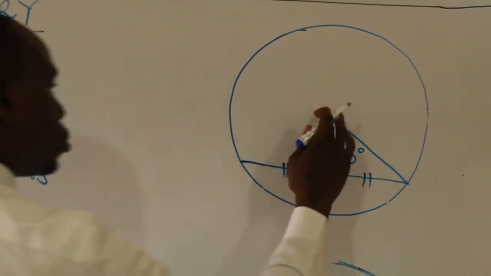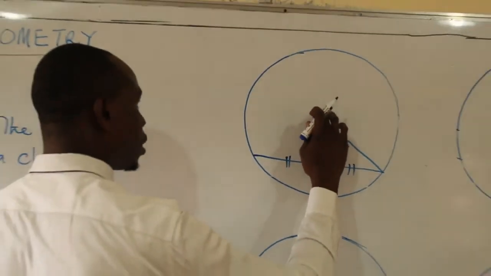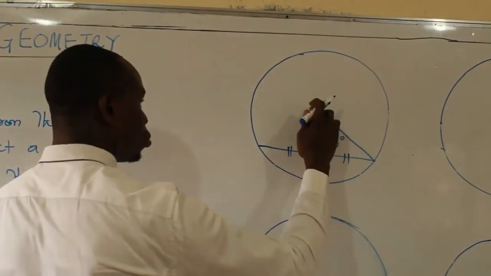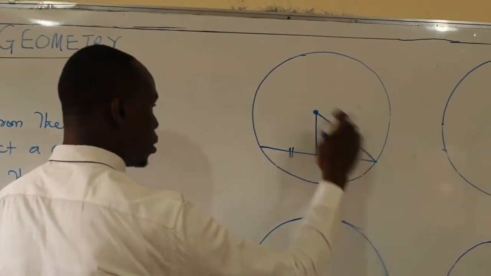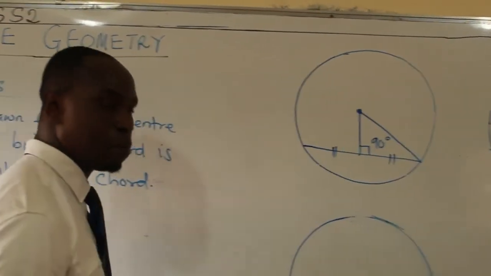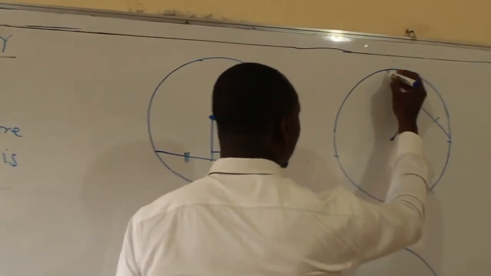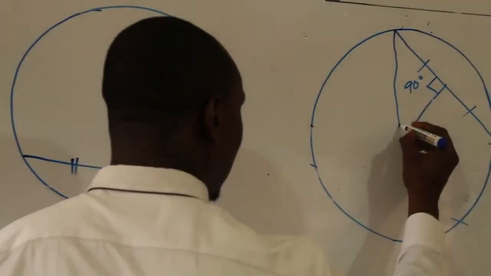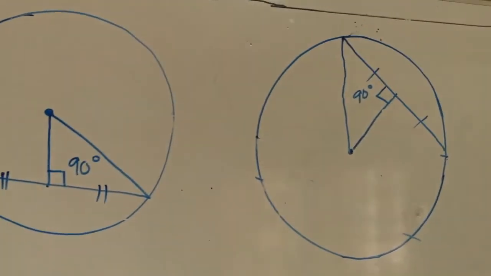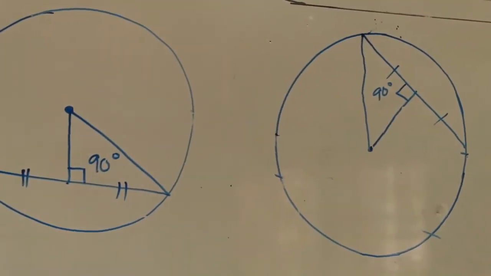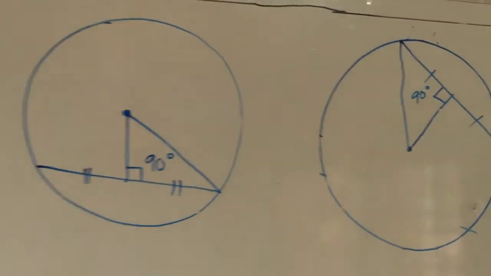Yes, I could have drawn this radius from the center to any part, but I chose to draw it to this end so that you can see the shape that I'm about to form. I can as well draw from the center of the circle to this part. It's going to be like this. And I've also formed another right-angled triangle.